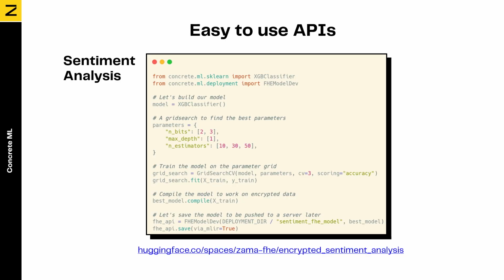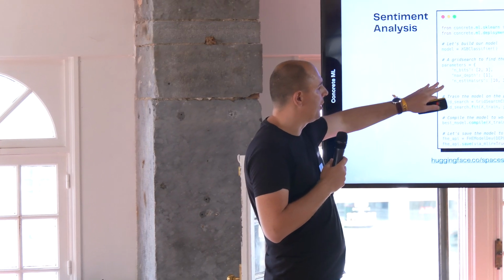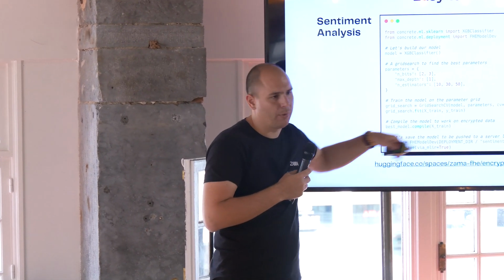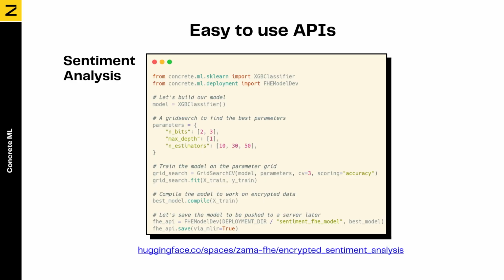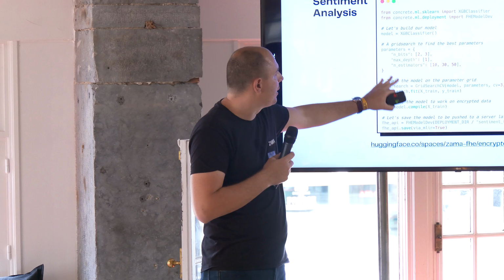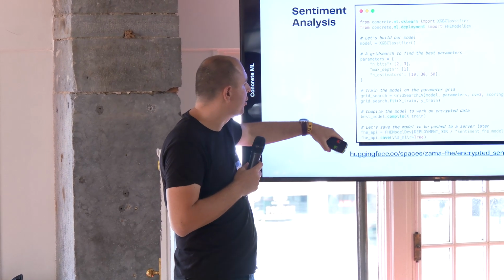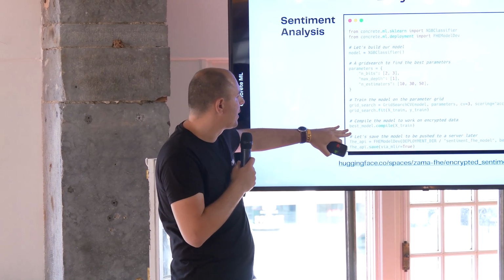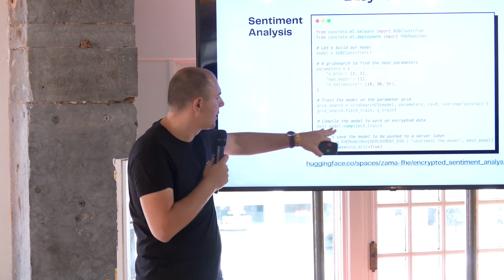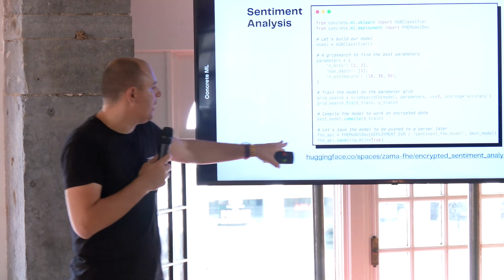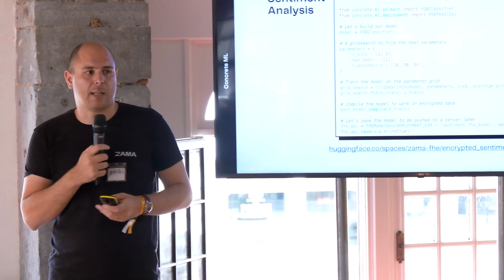So here we're trying out different hyperparameters for the model using grid search, which is a typical approach in data science. So we can use this Concrete ML classifier to do grid search. Once we find the best combination of hyperparameters, we compile it, and then we deploy it with tools that are integrated in Concrete ML.